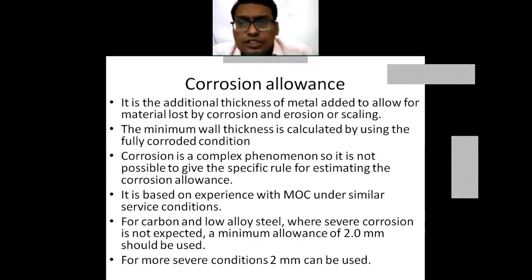Then the corrosion allowance: how much is to be provided. Even though we select a corrosion resistant material while selecting the material of construction, there is still a possibility that corrosion will take place in due course of time. For that purpose, while designing the thickness, the corrosion allowance is to be added in addition to the theoretically calculated thickness.